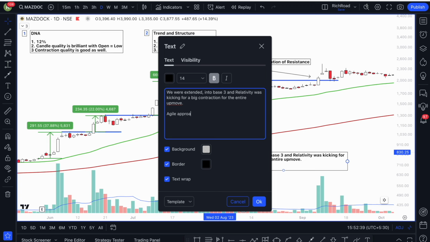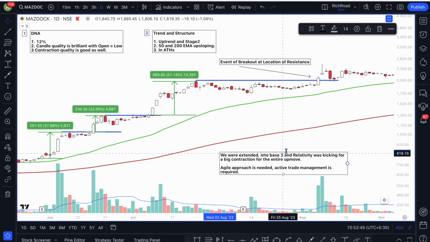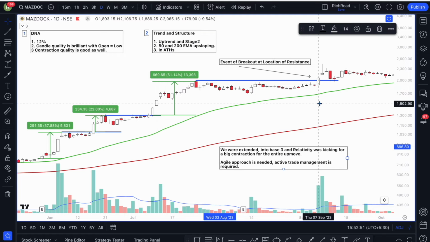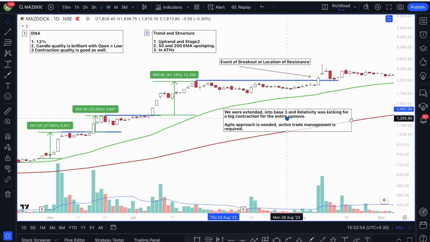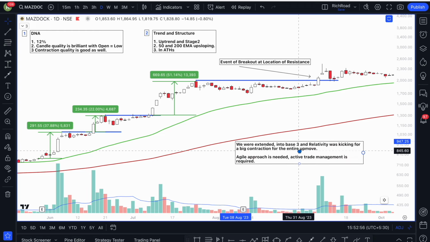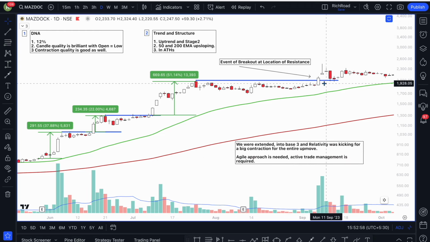Agile approach is needed. Active trade management is required. This is important. Now, when you're trading that and when you're aware of this, you can tackle it through the different ways that you're going to learn in the coming days. So, okay, there was the event and there was a breakout. The breakout happened good.